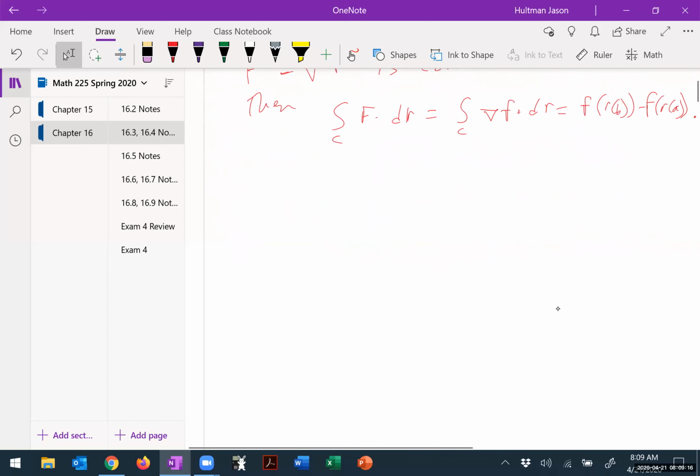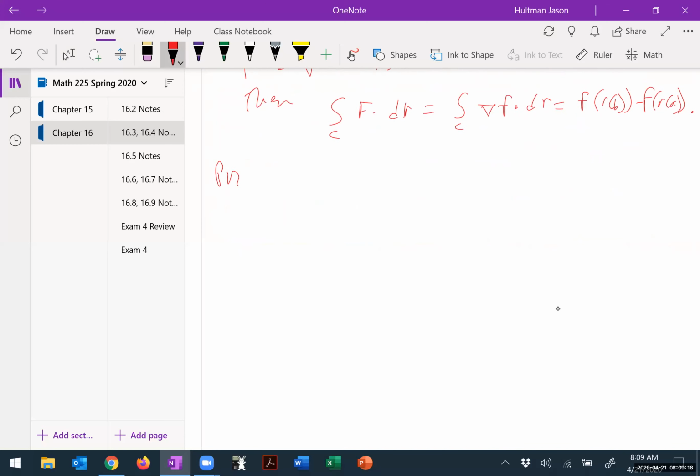Okay, let's do a formal proof of this. Let's prove this. We're going to take the line integral of F dot dr, and we're setting it up so that the gradient of f is equal to the function that we're taking our antiderivative of.